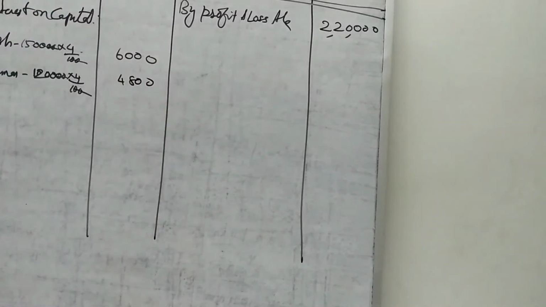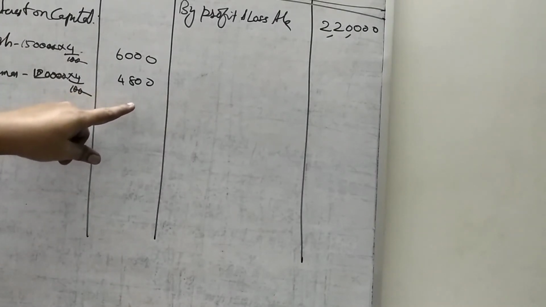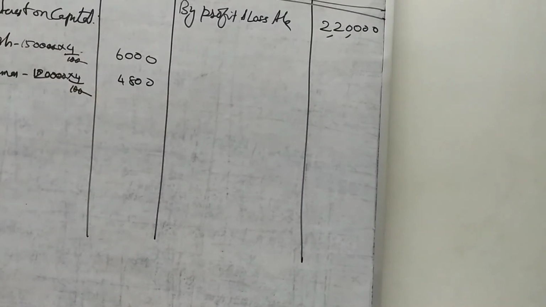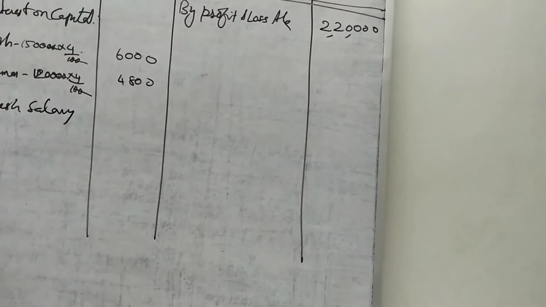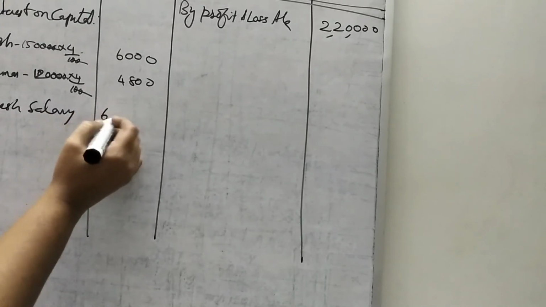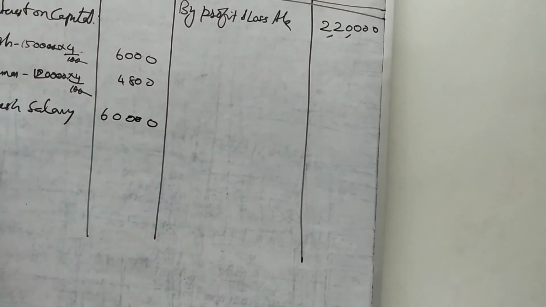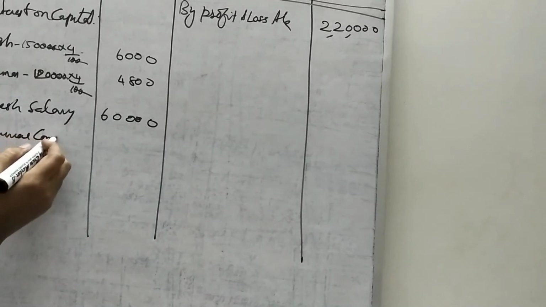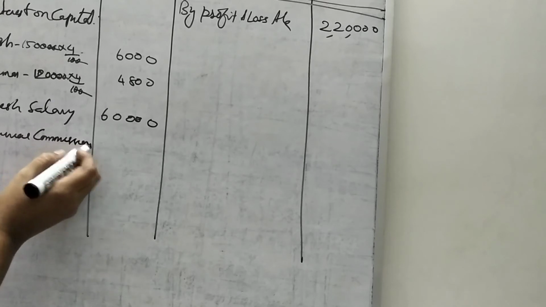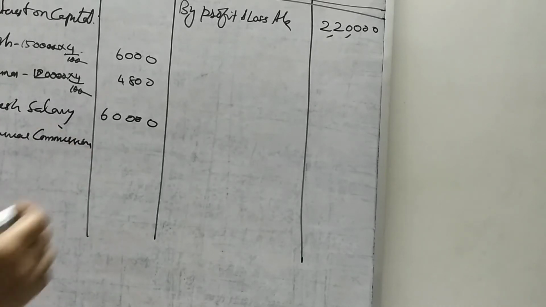These are the two: Dinesh interest on capital 6,000, Sukumar interest on capital 4,800. Now, Dinesh salary. How much are they paying as salary? 60,000. Then Sukumar commission, 80,000.